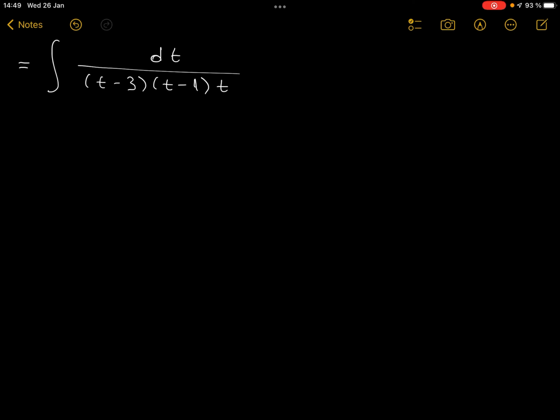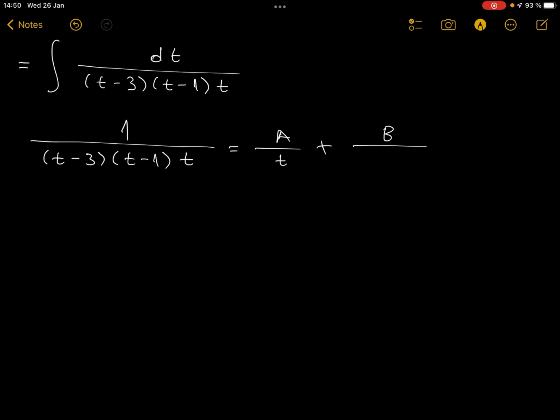Now we can separate this integral into several less complicated integrals. Namely, I want to do partial fractions on this quantity right here: 1 over t minus 3 times t minus 1 times t is equal to a over t plus b over t minus 1 plus c over t minus 3.